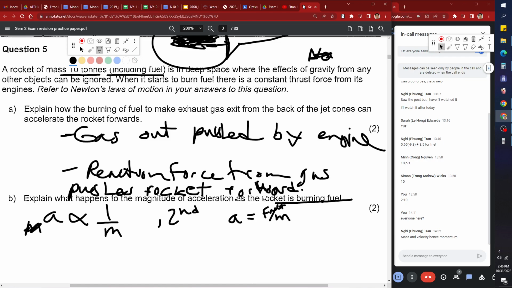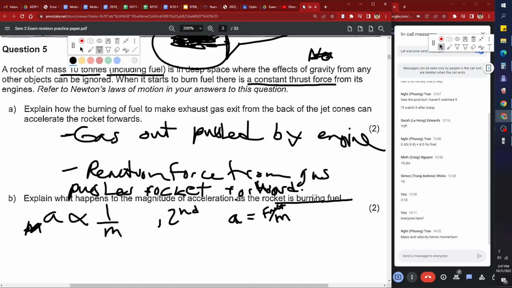Now, remember it says the net force, the force is the thrust, because there's no other friction or gravity opposing, this is constant. So that net force doesn't change. If that is not creating more force or less force, we don't even have to worry about force now. So really, the only thing changing acceleration is mass, any changes in mass.